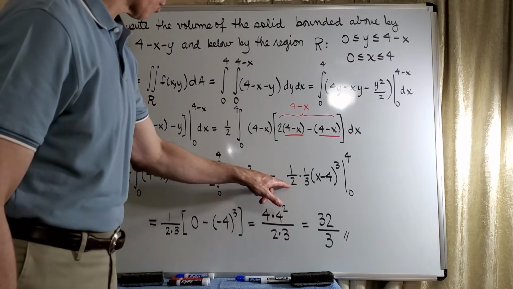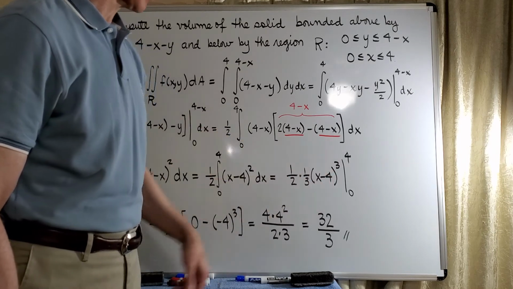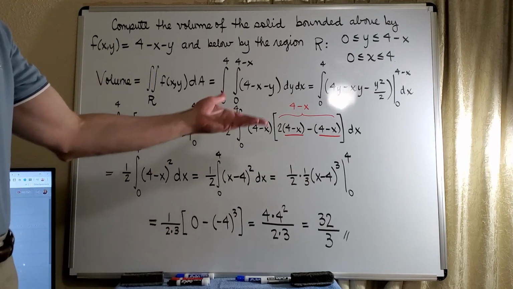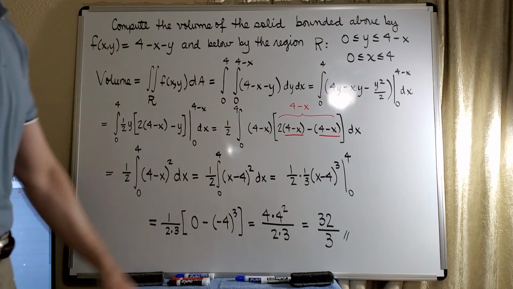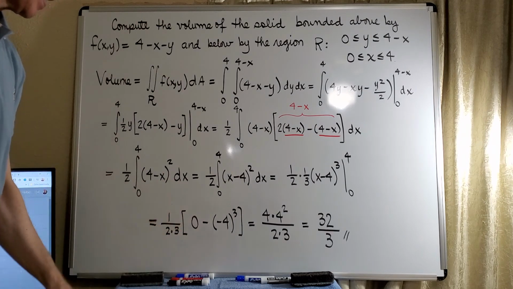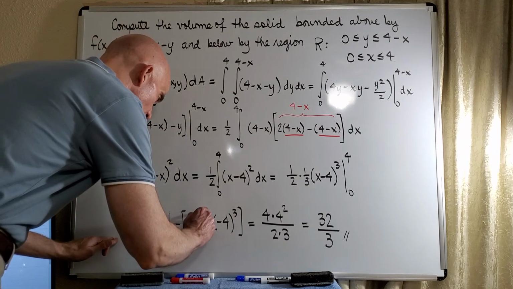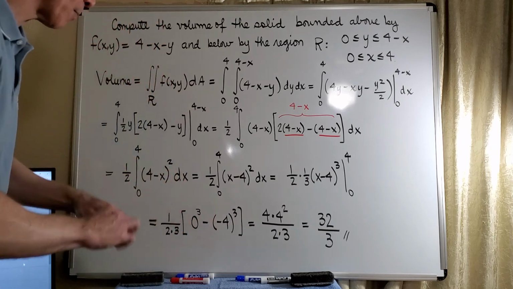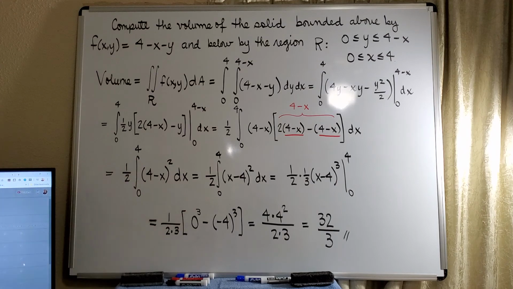So we get the 1/2 that we already have, and of course the 1/3 and x minus 4 raised to the 3rd power. And then we evaluate upper limit 4, lower limit 0. Of course, when we replace x with 4, we have 0 here. And if that bothers you, let me go ahead and put in 3 as the power. 0 cubed is certainly 0, but I shouldn't have left that out.